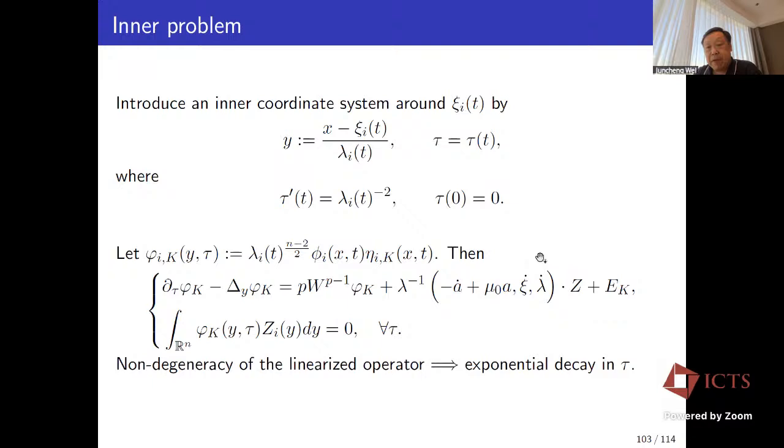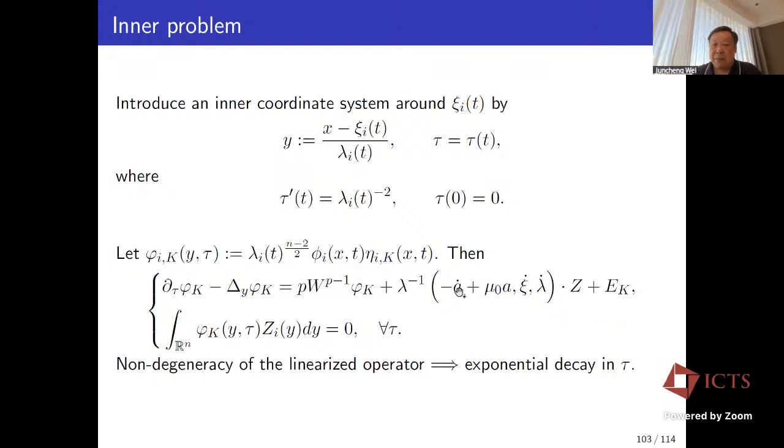It turns out that because I already have the L2 orthogonality with structure C_i, this part does not enter into this estimate for phi_k.